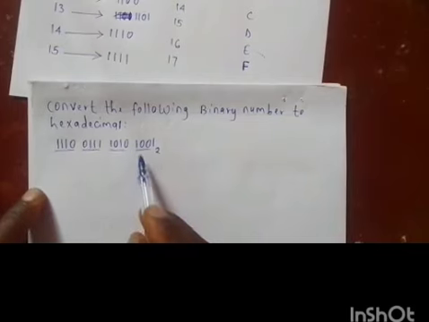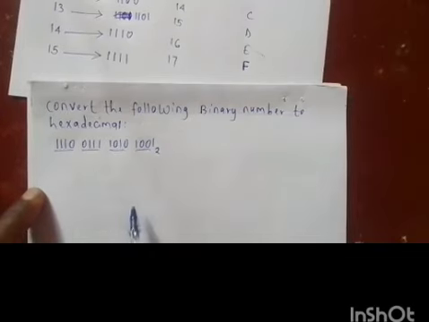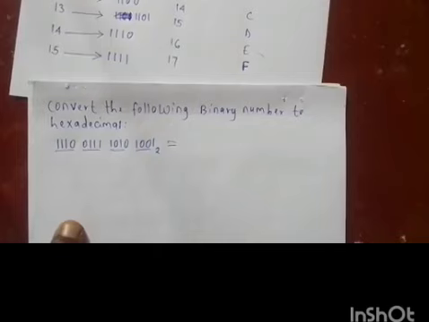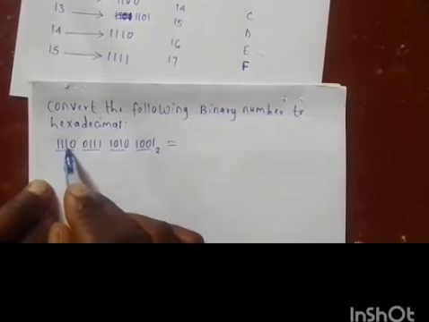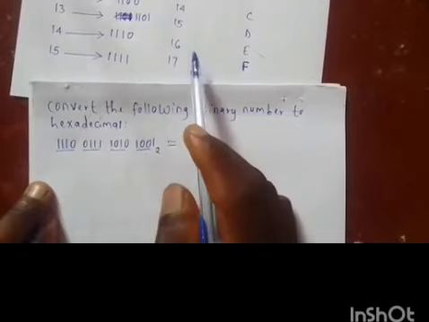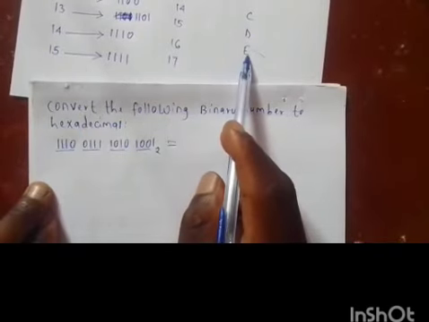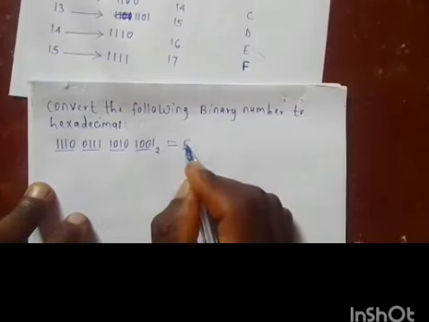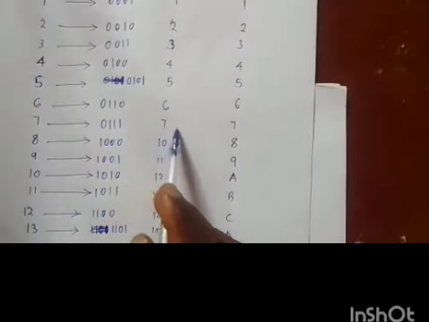So this one becomes the 1110, which is 14, and in hexadecimal is represented by letter E, so it becomes. So next is 0111, which is 7, and it is just written as 7 in hexadecimal.